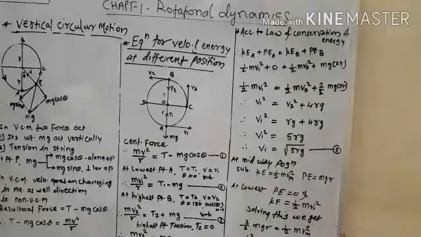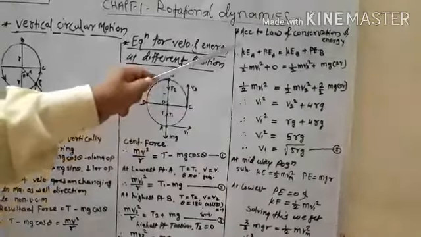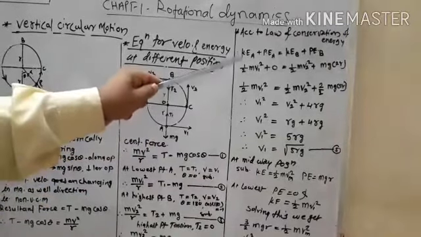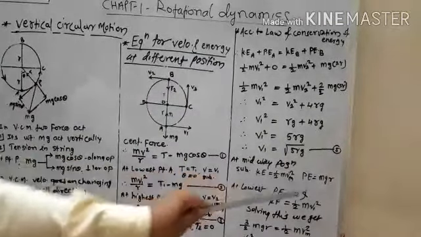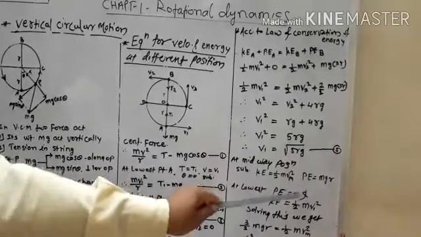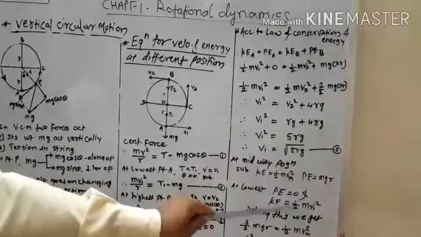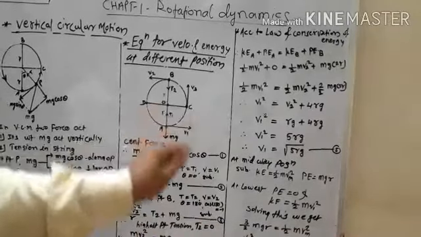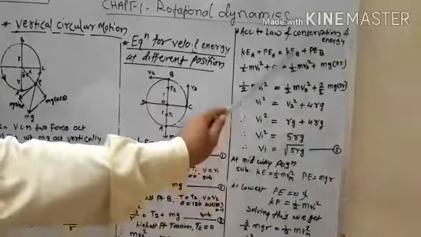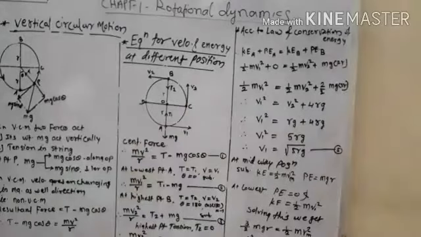This is for your assignment. You can substitute these values in the law of conservation of energy: at the lowest point, potential energy is 0 and kinetic energy is 1/2 m V1 square. Substituting these values, you get the equation 3/2 mgr is equal to 1/2 m Vm square, that is the midway velocity.